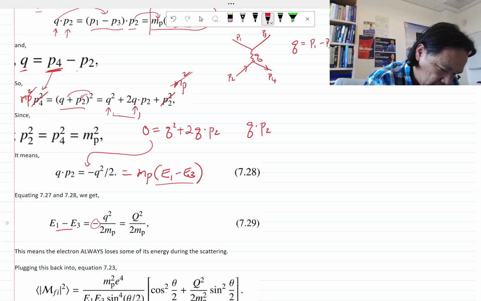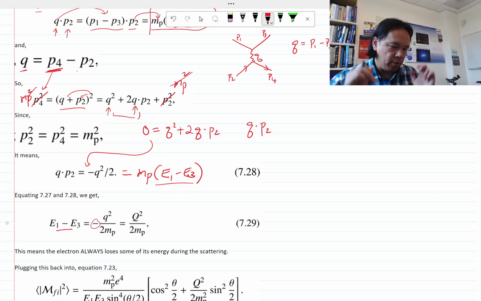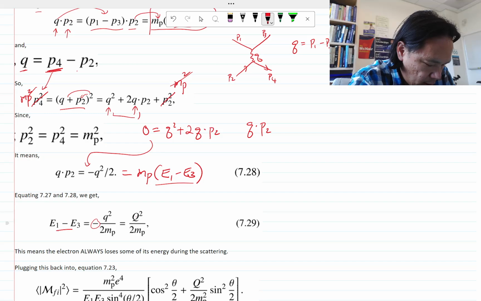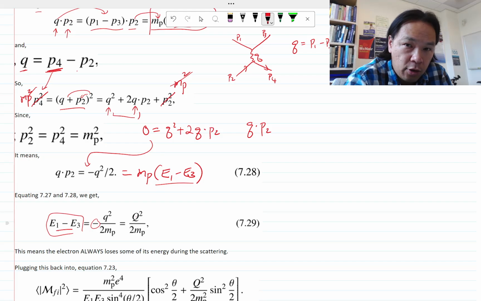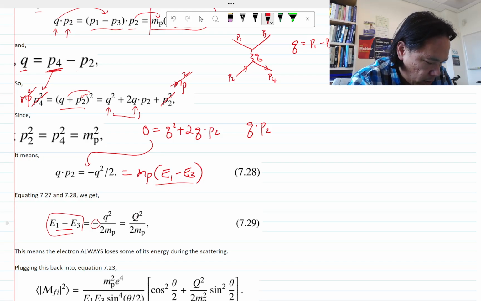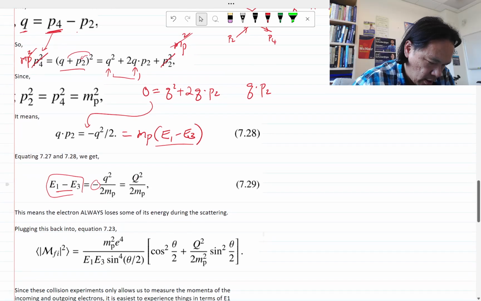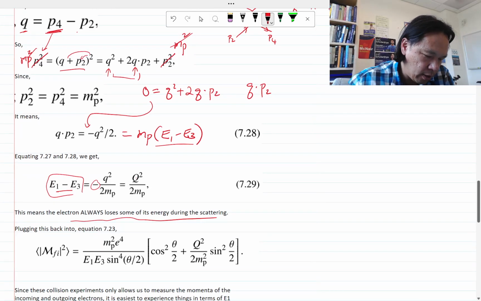And to get rid of this negative sign, we convert to the capital Q squared over 2mp, and that is the difference in energy between the incoming and outgoing electron. Means the electron always loses energy during the scattering.